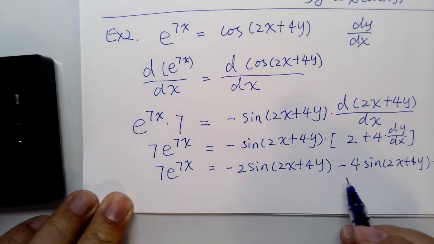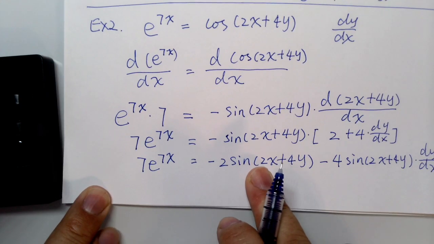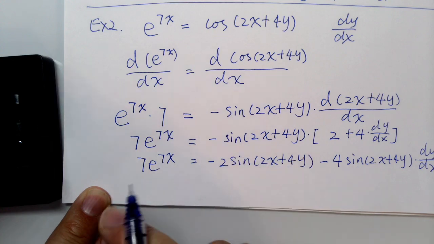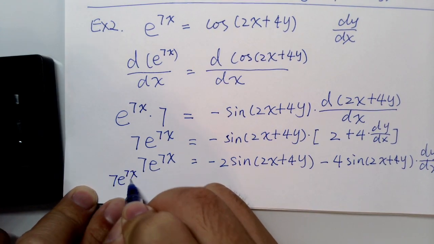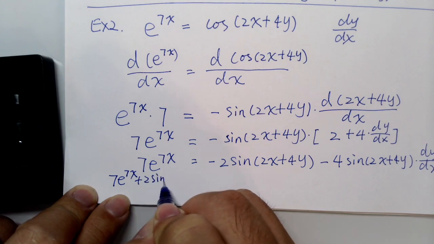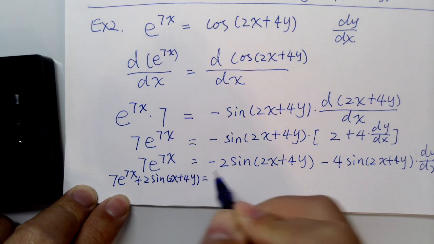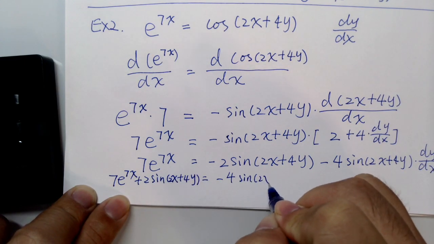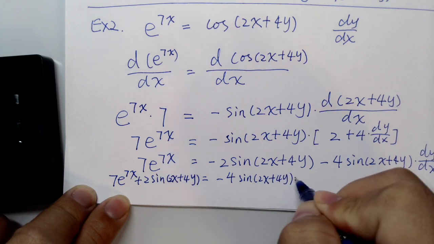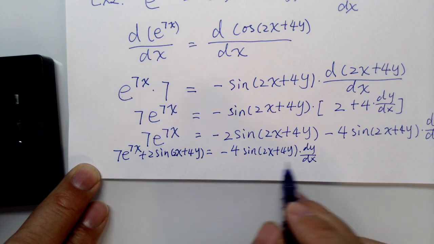So you can put everything without the dy/dx on the left-hand side. That is 7 e to the power 7x plus 2 sine of 2x plus 4y, and that equals negative 4 sine of 2x plus 4y times dy/dx. Then you can divide on both sides.